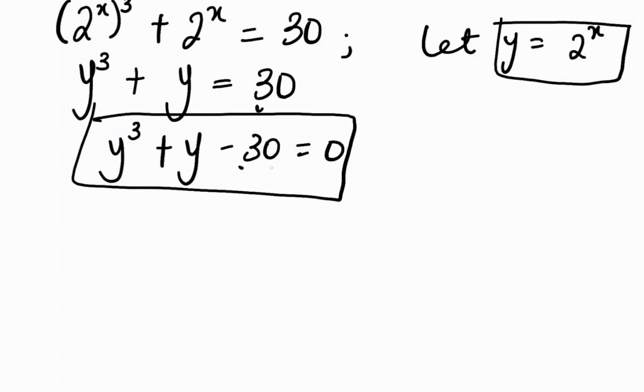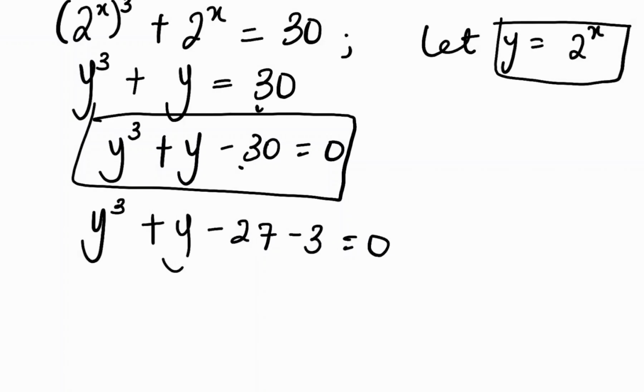So we can now write this in cubic form as y power 3 plus y minus 27 minus 3 is equals to 0. You basically know that minus 27 minus 3 is also minus 30. So at this stage, we can write that y power 3 minus 27 plus y minus 3 is equals to 0.